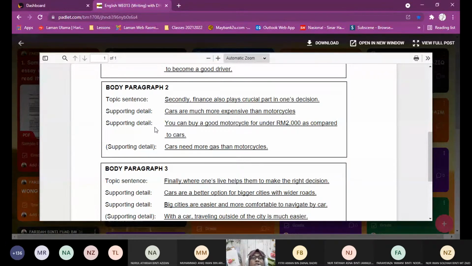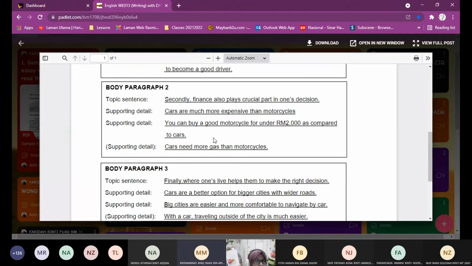Okay, and then the next supporting detail, I think this one can become the example for motorcycle, meaning that you can buy a good motorcycle for under 2,000. I think, is it possible? What is the price of a motorcycle nowadays? I'm not sure. Boys, do you have any idea? 7,000. 11,000.